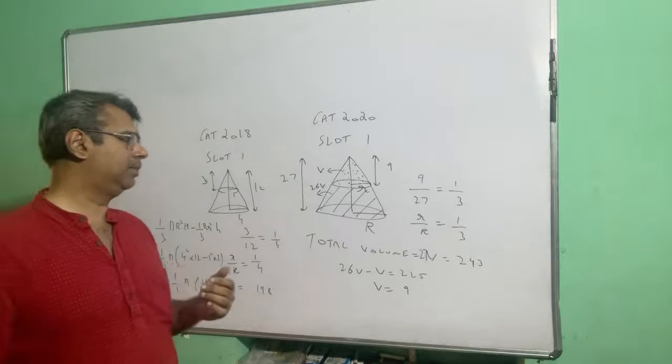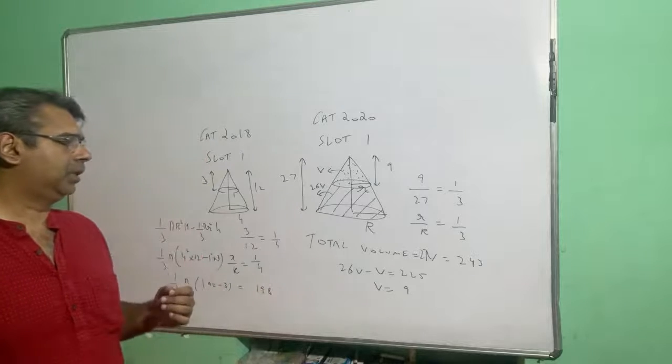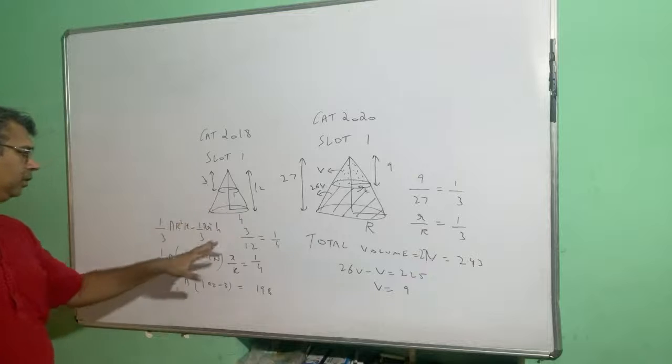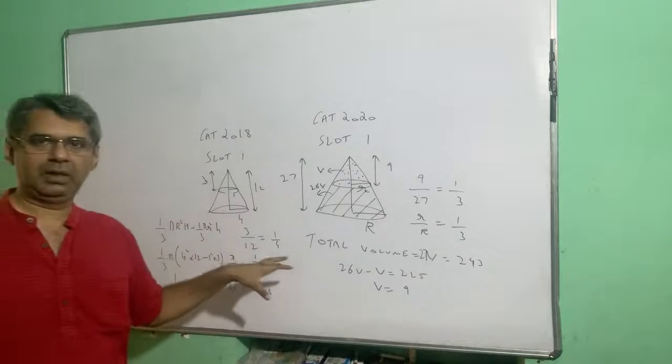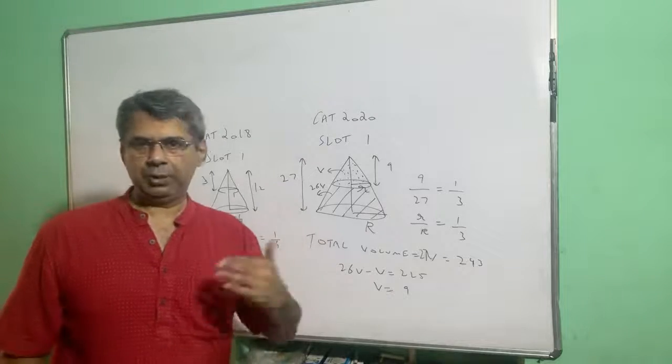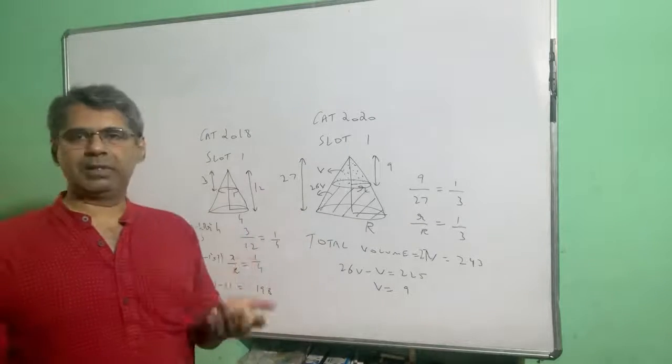Concept number 2 is that when you need to do a specific calculation like difference of volumes, you just set up the formula 1/3 pi r square h and do it. And when you have to do a ratio based calculation, it's also pretty easy.